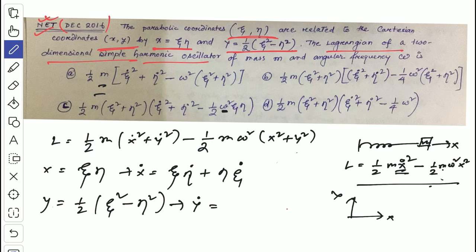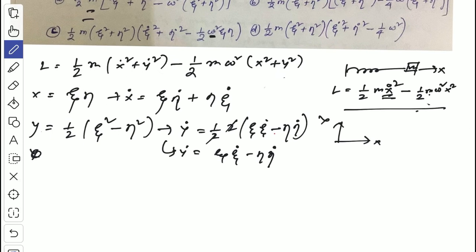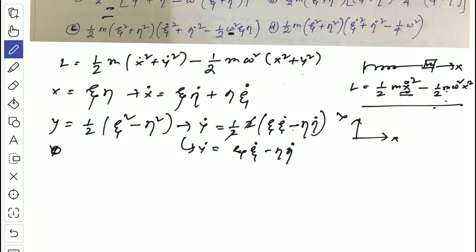So y dot will be half into 2, xi into xi dot minus eta into eta dot. Here the 2 will be cancelled, so we get y dot equal to xi xi dot minus eta eta dot. Now put these values of x, y and x dot, y dot in the Lagrangian L.